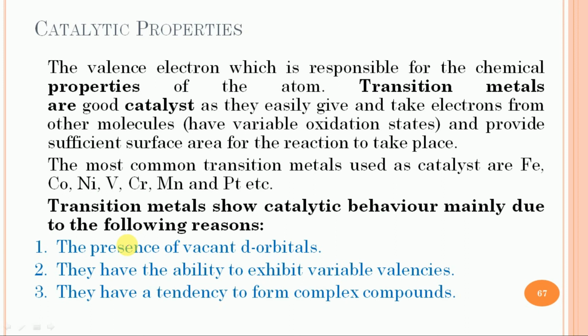The transition metals show catalytic behavior mainly due to the following reasons. The first is the presence of vacant d orbitals. They have the ability to exhibit variable oxidation states. They have the tendency to form complexes.